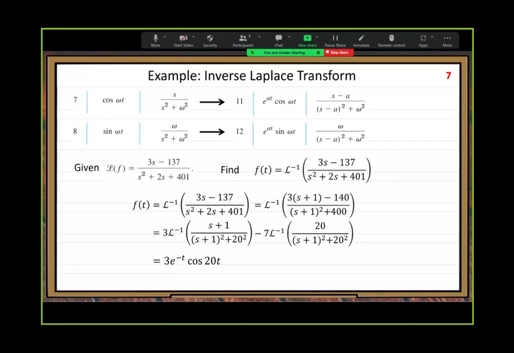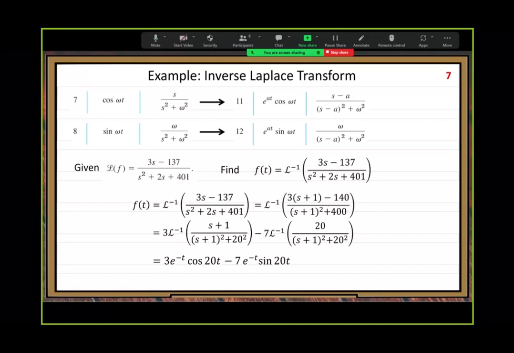So that's the result of the inverse transform of the first part. Not too bad. The second one, apply that function: minus 7 e to the negative t, then sine omega t. That's the result, the inverse of this Laplace transform.